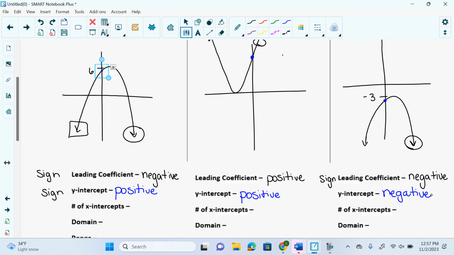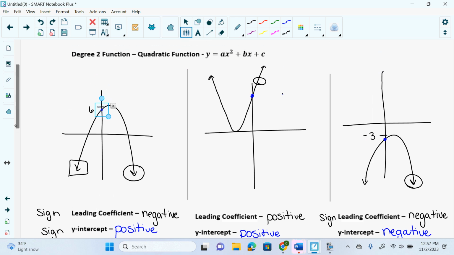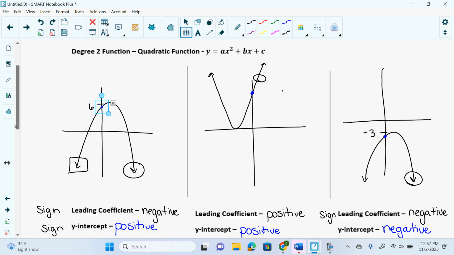Okay, if we go up here, does anyone know which of those letters represents the leading coefficient? The a. So this one is my leading coefficient, which lets us know how it ends on the right, correct?